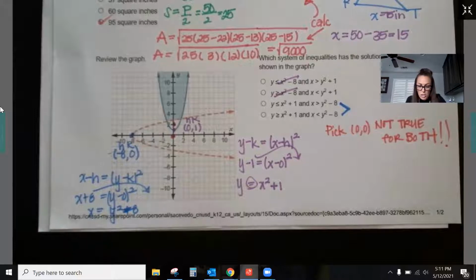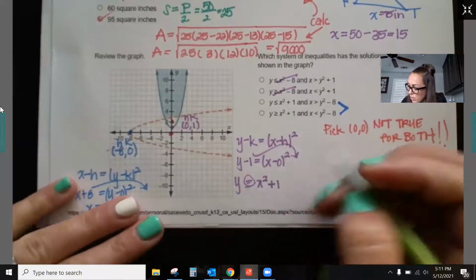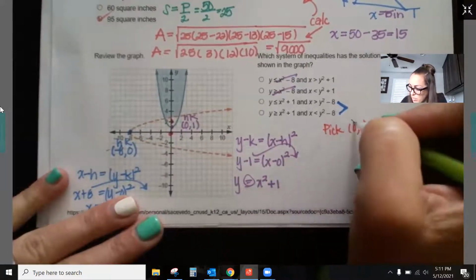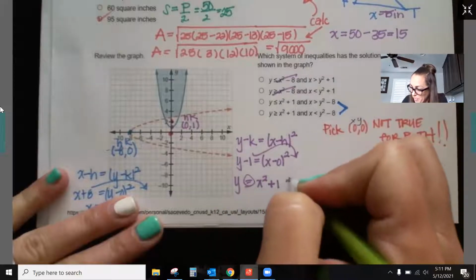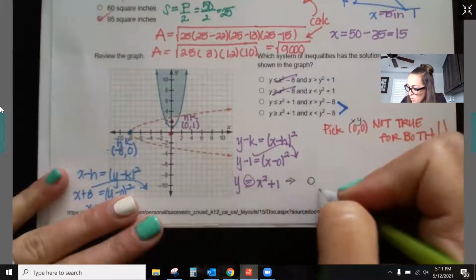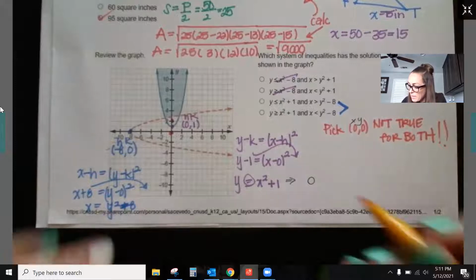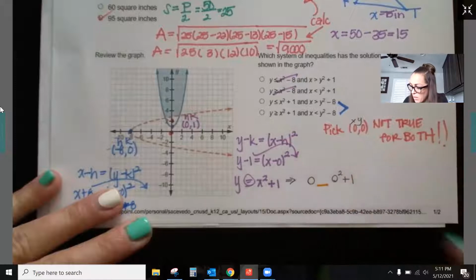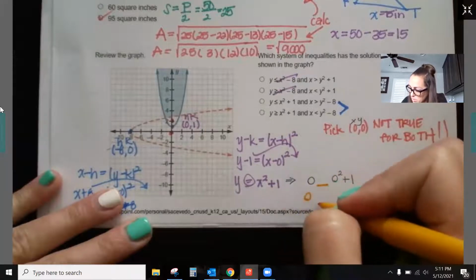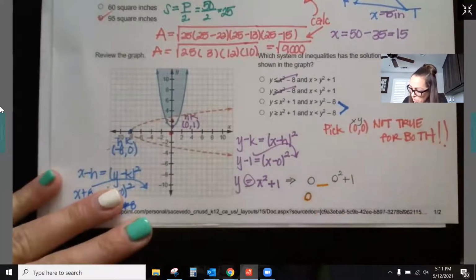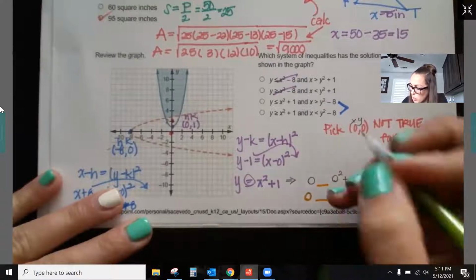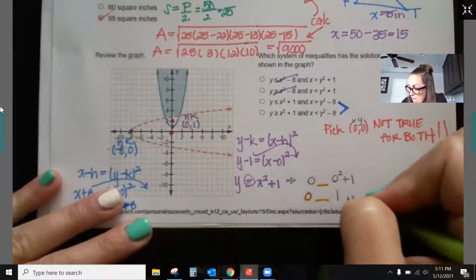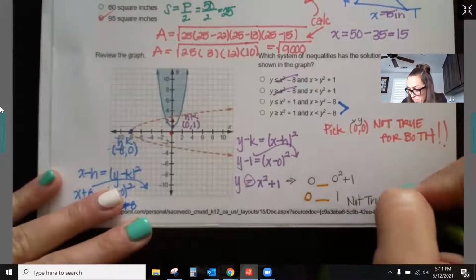So here's what I'm going to do. If I plug in 0, 0 into this equation, so here's my x and my y, I would have 0 is what to 0 squared plus 1. In other words, 0 is what to 1. And we want this to be not true.